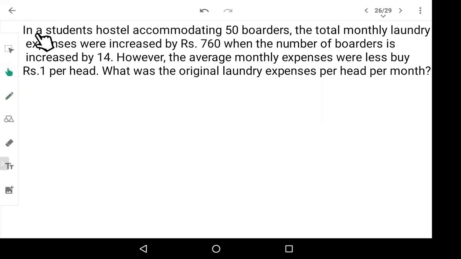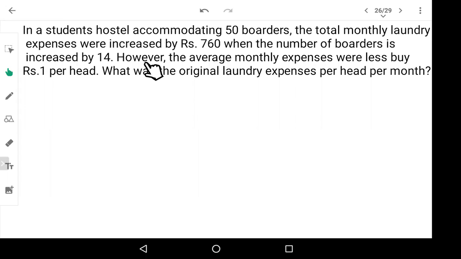In a student's hostel accommodating 50 boarders, the total monthly laundry expenses were increased by rupees 760 when the number of boarders is increased by 14.